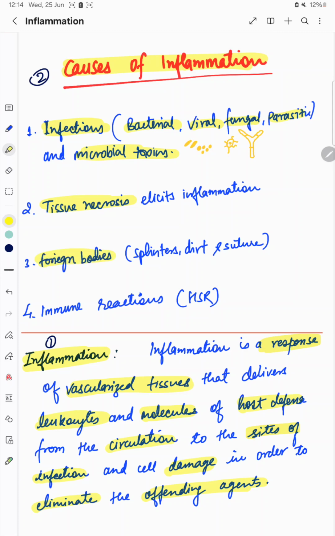Foreign bodies like splinter, dirt, suture, etc. may also result in inflammation, and immune reactions may also result in inflammation. Although numerous reasons can culminate into inflammation, we will see later on.